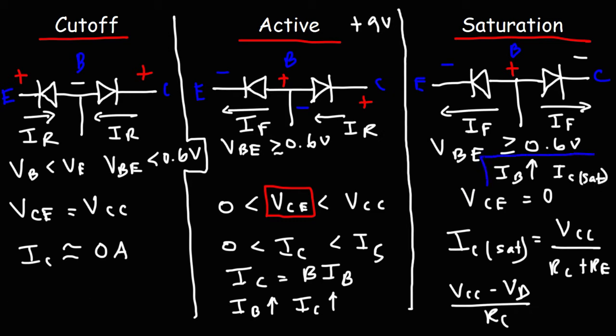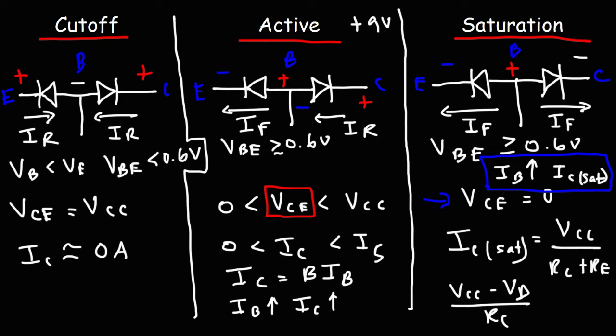If you're increasing the base current by decreasing RB, and if you realize that IC is not going up, then the transistor is operating in the saturation region. And then you can also tell by measuring VCE. If you connect a meter between the collector and the emitter pin of the transistor, if it's approximately 0, the transistor is in saturation mode. So those are some ways in which you could determine if the transistor is in the cutoff region, the active region, or the saturation region.